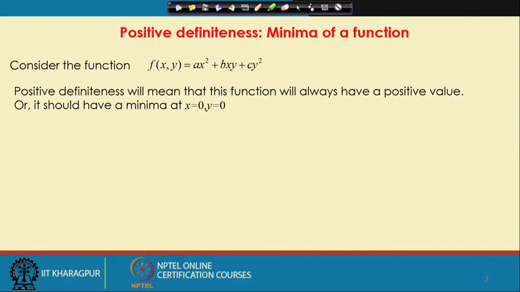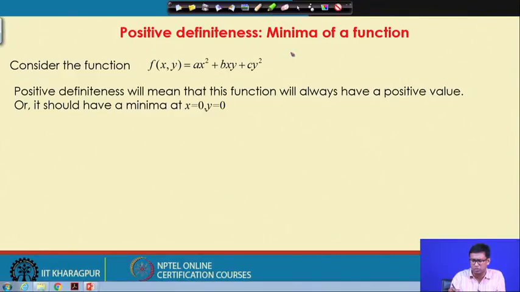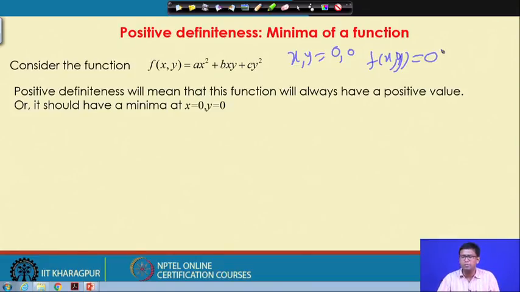Now, if we look into this function f(x, y) is equal to x square plus b x y plus c y square, at (x, y) equal to (0, 0), f(x, y) is equal to 0. So, the minimal value is not positive; we can get at least one location where f(x, y) is 0. So, this function can be a positive definite function, that means it can only have positive values; definite does not mean definite positive values.